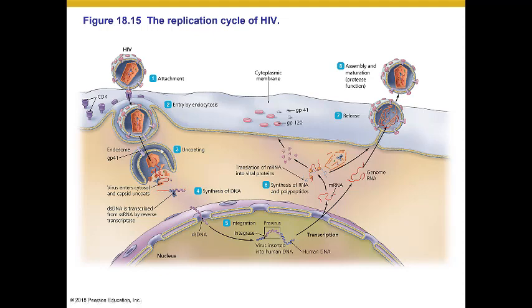If this protein does not work, the virus cannot uncoat. In this case, it's uncoating, the capsid is broken open, and now the viral RNA is released into the cell. It does reverse transcriptase and makes double-stranded DNA. The DNA gets into the nucleus of the helper T cell and it inserts itself into that helper T cell DNA. You need a viral enzyme to do that, called integrase.